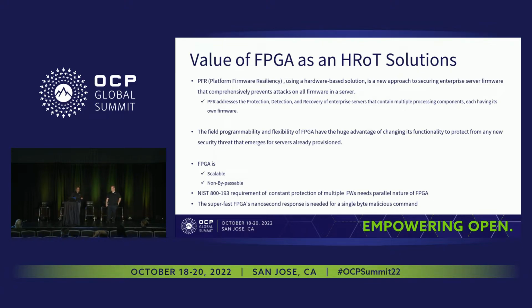If you have something ASIC based, it definitely works well, but who knows, three months from now something like Spectre and Meltdown is going to come. There's no way to predict the future. Whereas with an FPGA, you can program it and build a kind of soft protection mechanism that protects some of those things.